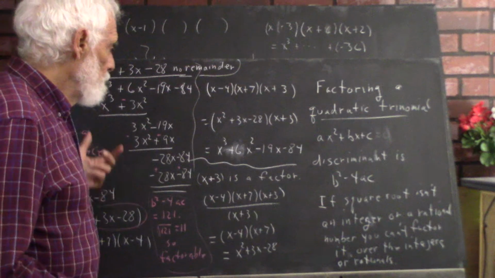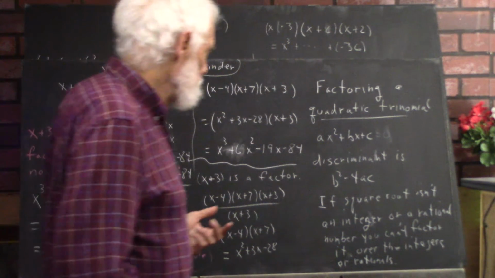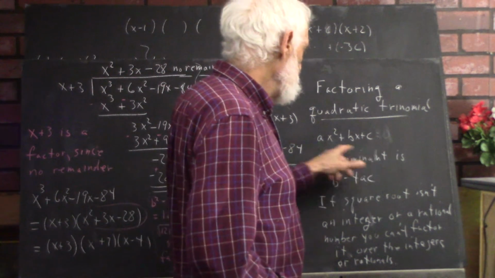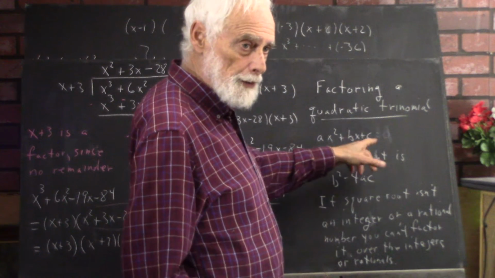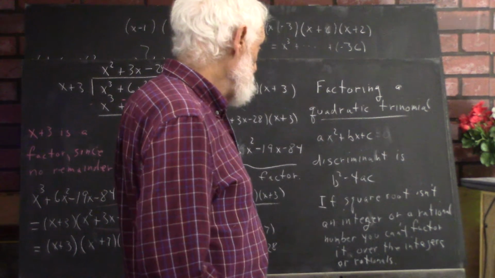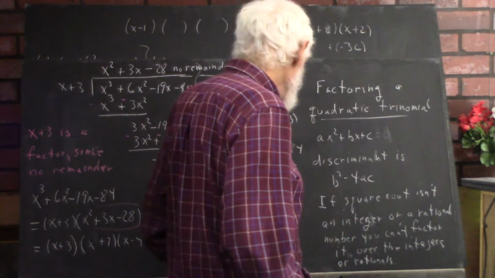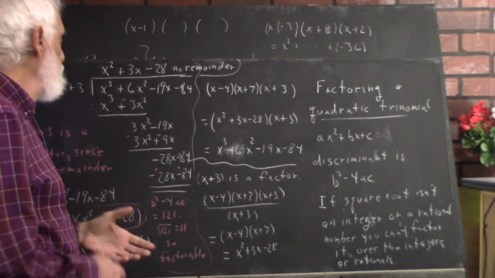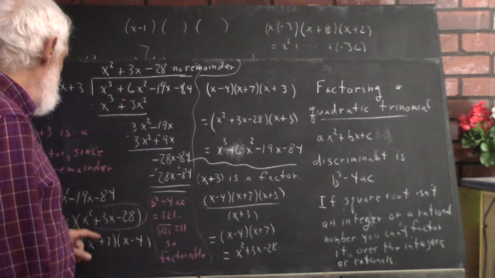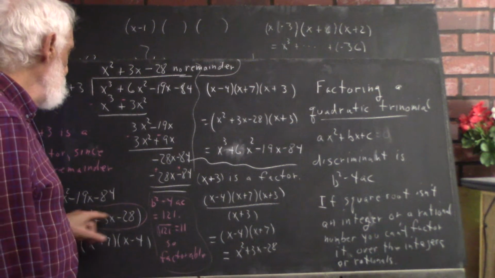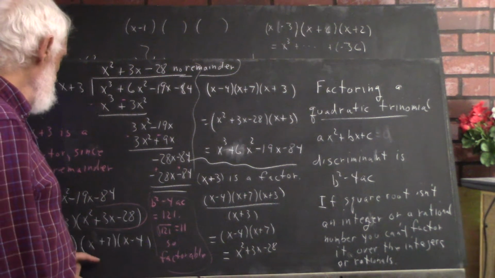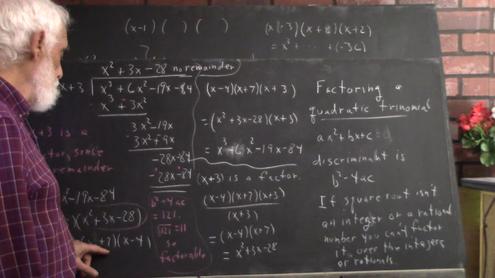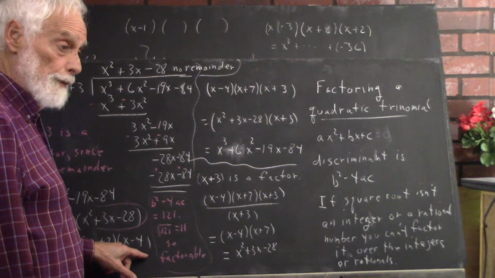To tell whether a trinomial is factorable or not, so here's your trinomial, some number times x squared, plus some number times x, plus some constant number. You can go back to the fact that this is going to equal 0 only if either x plus 7 is 0 or x minus 4 is 0.